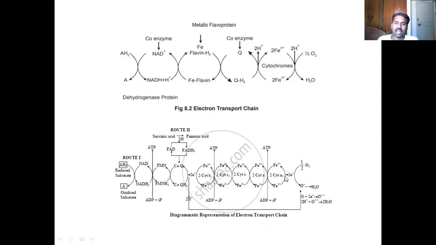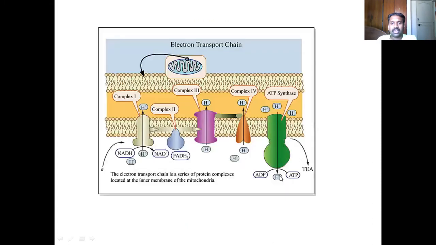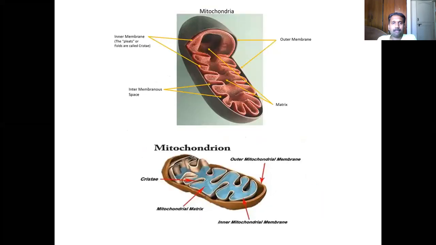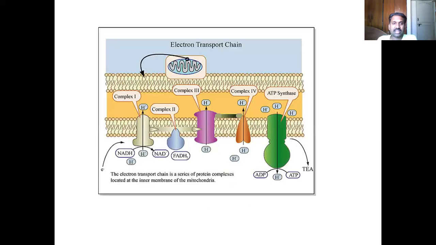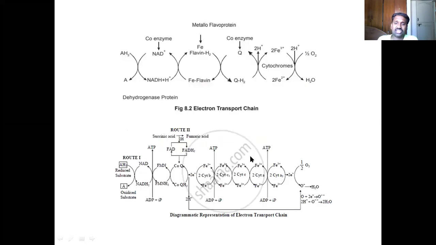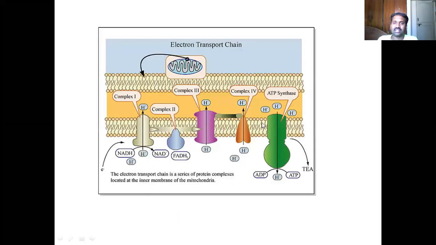Fine. Now focus on the last site of the electron. Where is it now? It has come from complex 1, that is from NADH, and has reached the last complex, complex 4.